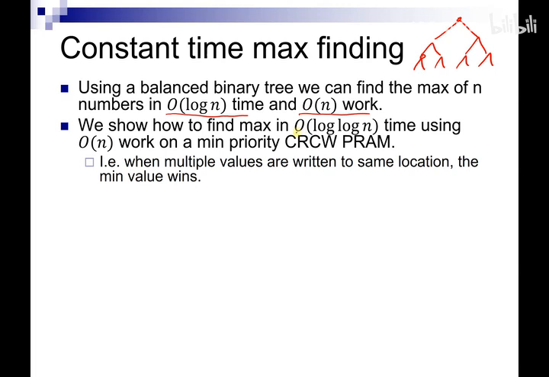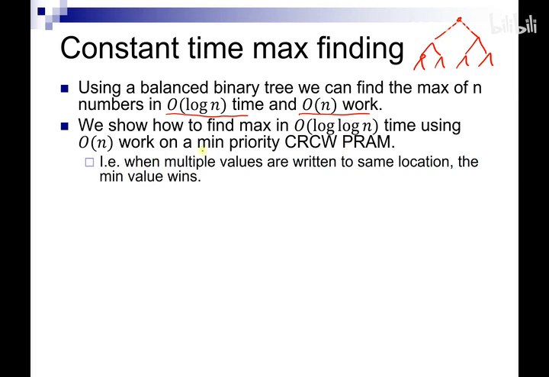Instead, it turns out that there's a much faster algorithm which works in log log n time, exponentially faster than this tree algorithm. And it also does order n work. However, in order to run this algorithm, we need to use the CRCW model, so we need to have both concurrent reads and concurrent writes.